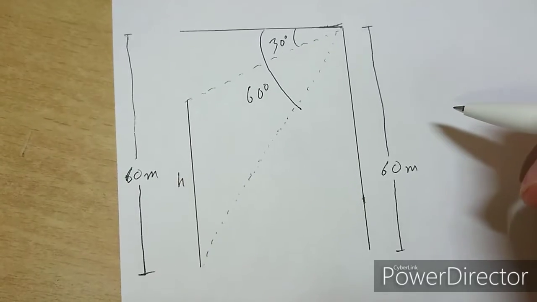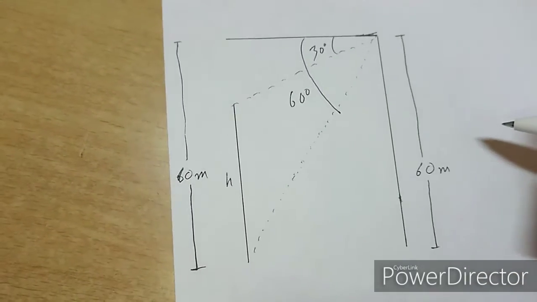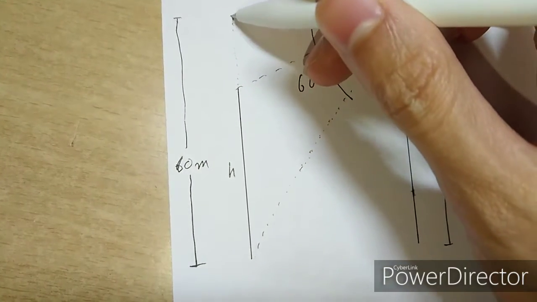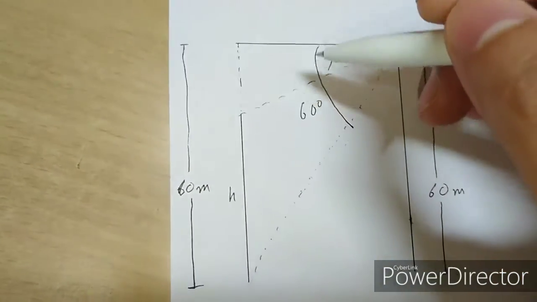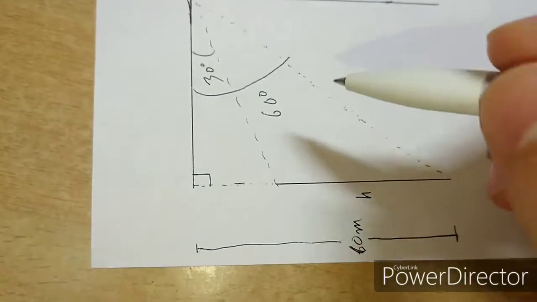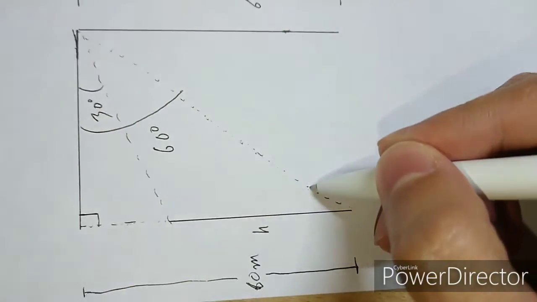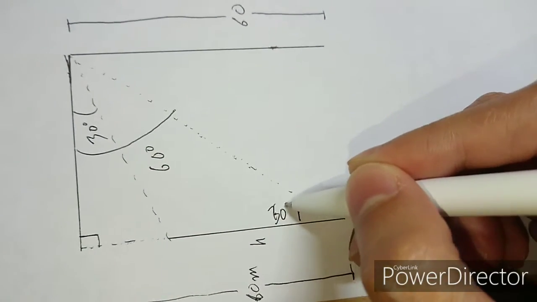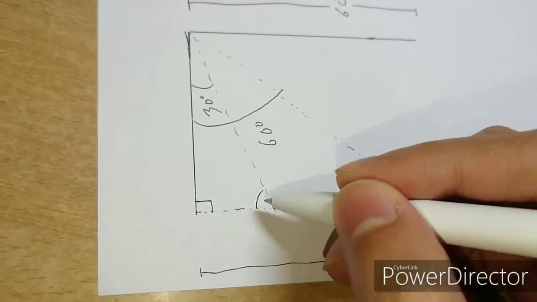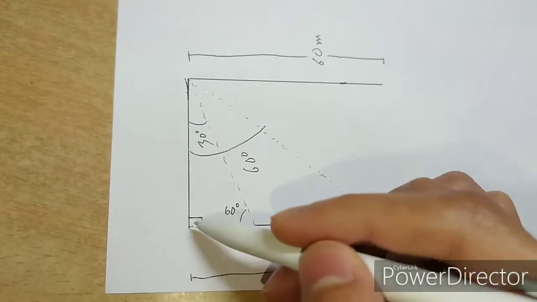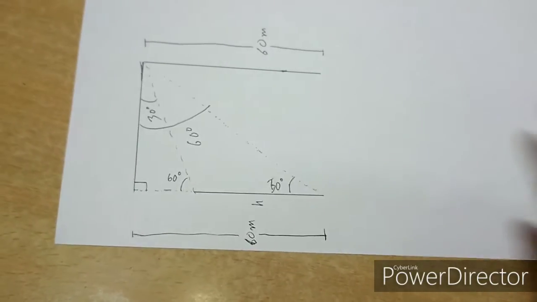To solve this problem, I first extend this side and join it by this, then this angle will be 90 degrees, and by geometry you can see that this angle will be 30 degrees and this angle will be 60 degrees, because 60 plus 30 plus 90 is 180 degrees.